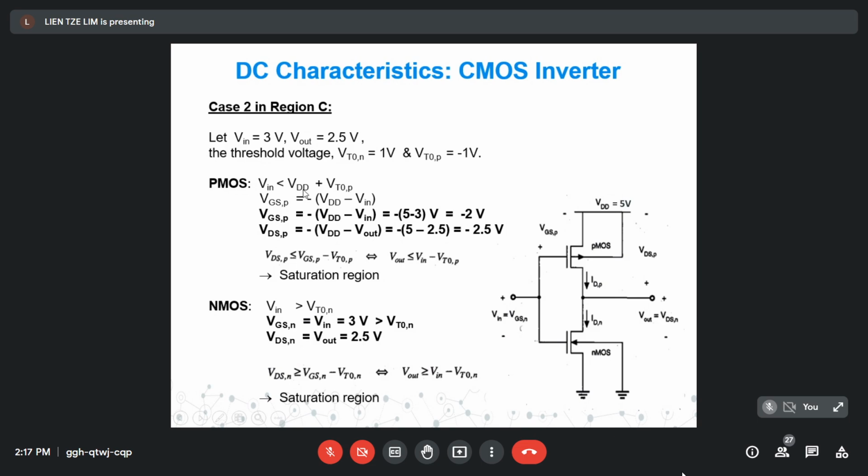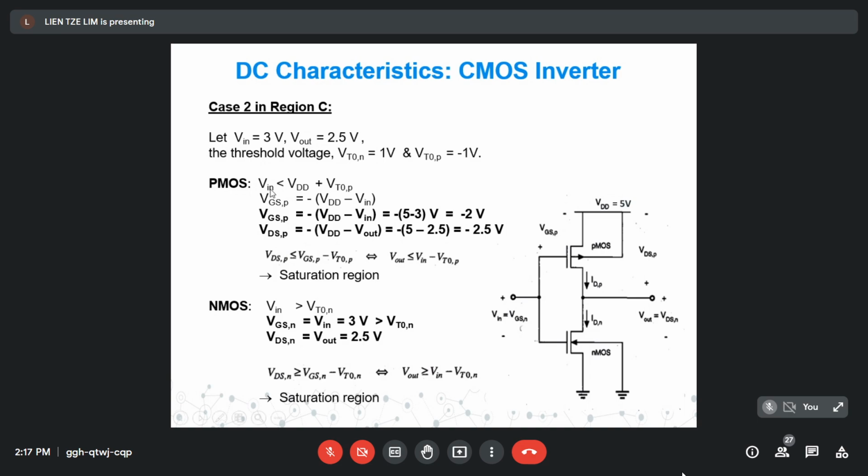We can expect that when the input voltage is increased, the NMOS will start to operate. But before it operates in linear, the NMOS will be in saturation mode first. The PMOS will start to turn off, but before turning off, it will go to saturation mode first. This means that they are partially off or partially on.